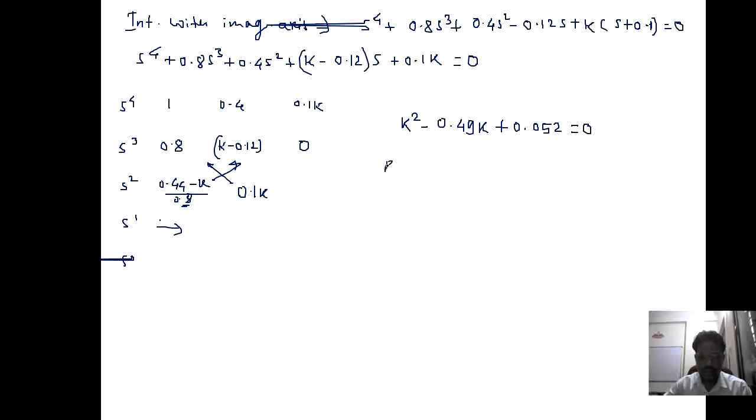So the first value is k equal to 0.3413 and the second value of k is 0.15.